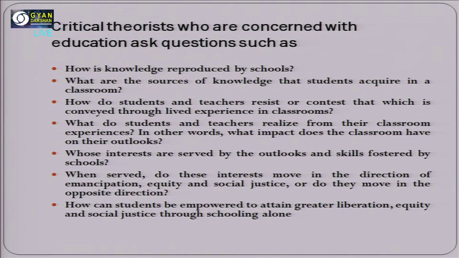We have also to look back into the curriculum design, what was expected from the curriculum design and what is being shown. So when served, do these interests move in the direction of emancipation, equity and social justice, or do they move in the opposite direction?